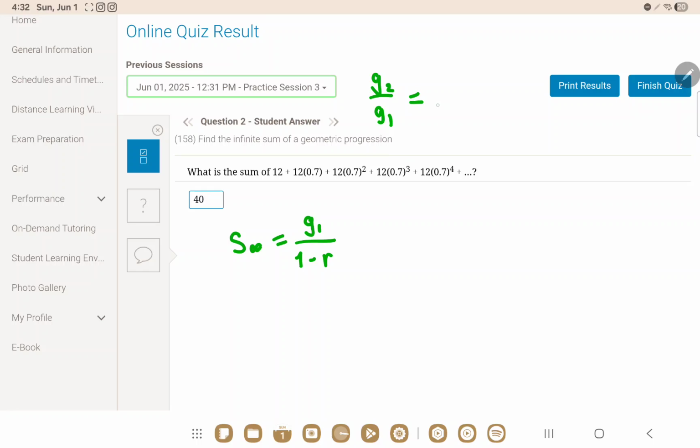In this case, you cancel 12 with 12 when you divide them, so you're going to get 0.7. So G1 is 12 over 1 minus 0.7. You should get 40, which is 12 over 0.3. Now moving on to the next question.